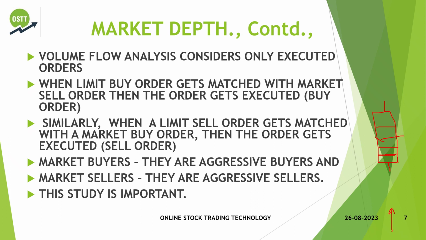Say, for example, at this level and this level, whether bulls are stronger or bears are stronger. If you know the volume of these orders at these levels, then you can decide whether to be in the trade or to exit the trade.